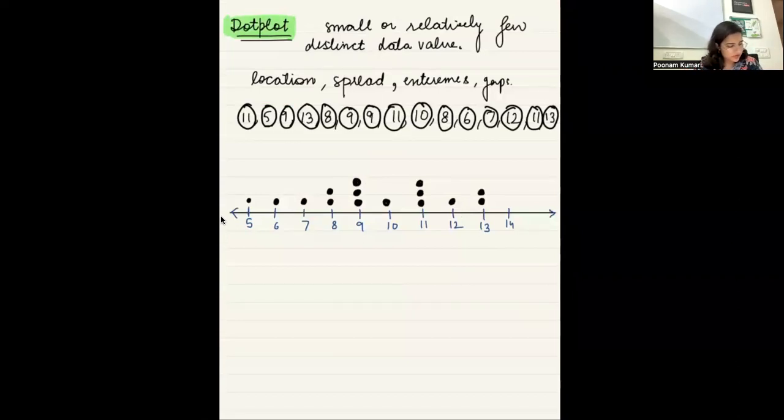Let's continue our discussion. Now let's start talking about how you present data in the form of numbers. When you have a lot of data, there are some important numbers which will give you the central position of your data. So what are the different measures of location?